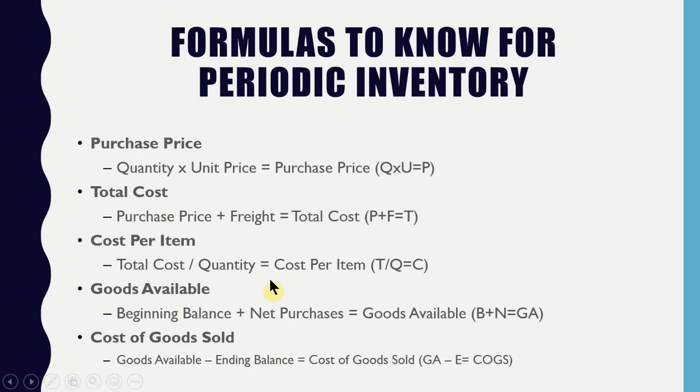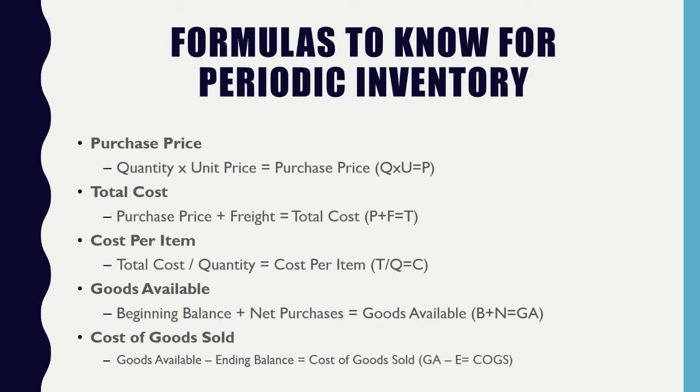So here are the formulas that you will be needing for this costing method. You need to figure out the purchase price, which is your quantity times your unit cost. To get your total cost, you calculate your purchase price plus any expenses such as freight.